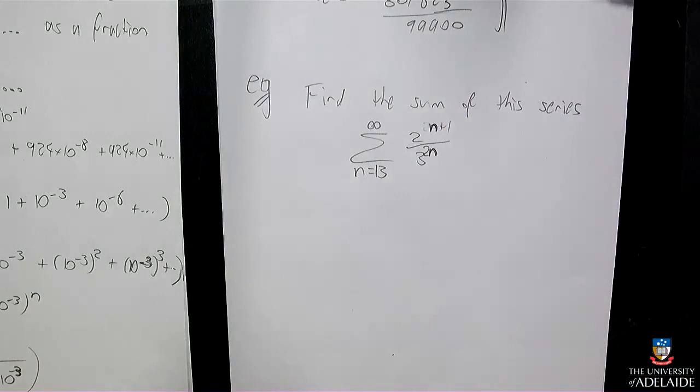There we go. Find the sum of this series: the sum from n equals 13 to infinity of 2 to the n plus 1 over 3 to the power of 2n. This was a classic one that comes up in the assignments that people had trouble with, so I thought I'd do it now.